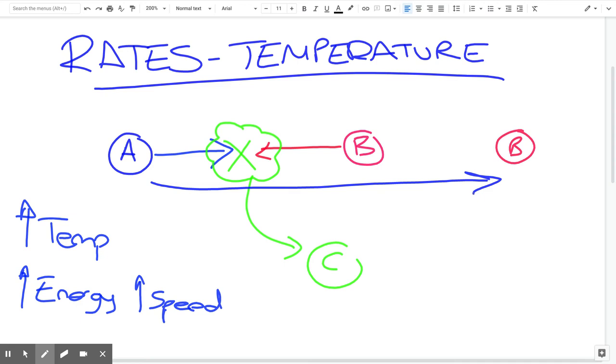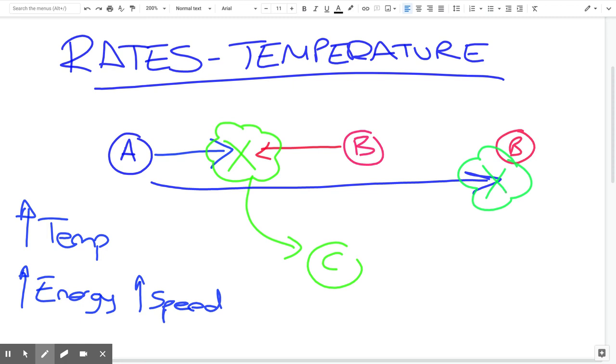So at a lower temperature, it was possible for A to hit B, say, once in a second. But if we increase the temperature of the particles and allowed A to move faster, then A could have come into contact with 2 lots of B, because it could have covered more ground.